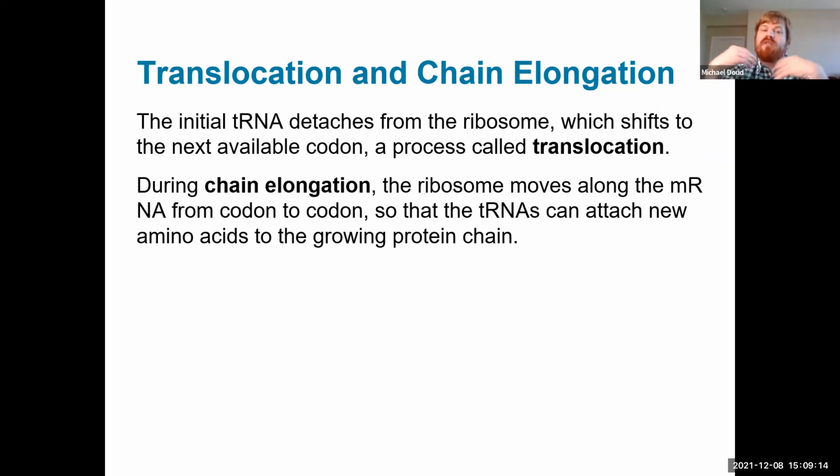Now we're in the process of chain elongation, because this process is just going to repeat again and again. New tRNAs can then attach to the new codons, and new amino acids are going to be linked to our elongating amino acid chain, and this process continues apace as the chain gets longer.